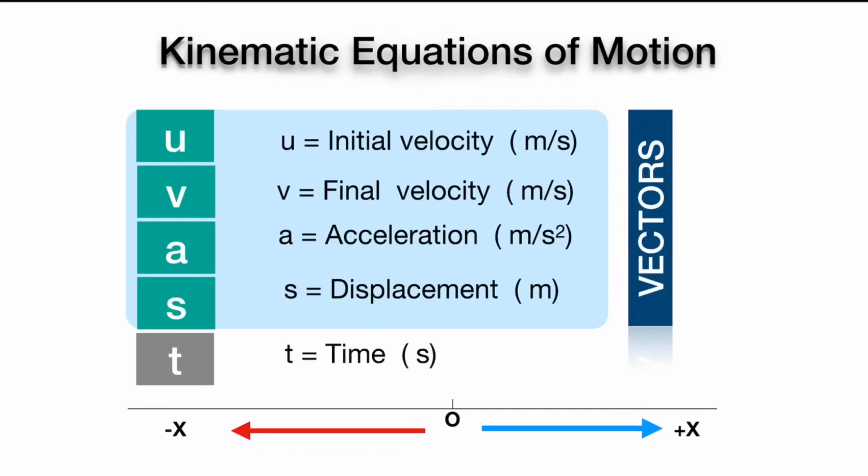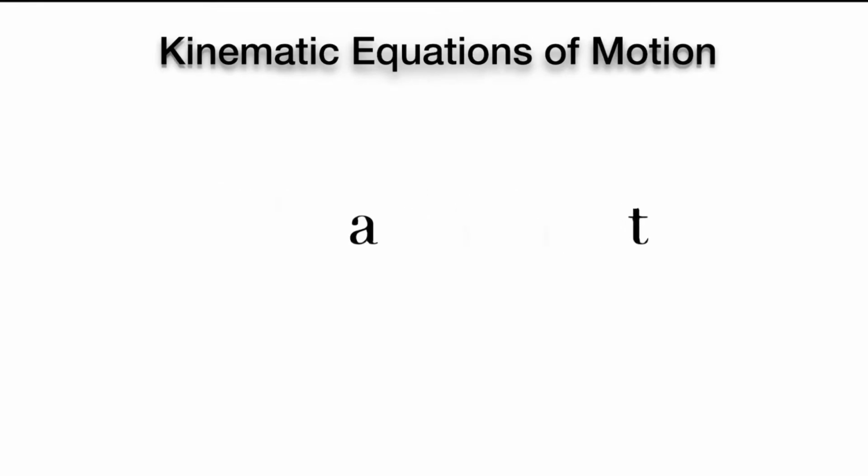Now, using these 5 variables in different combinations, we are going to present 5 motion equations for constant acceleration in one dimension. Here is equation number 1. The first equation is derived from the definition of acceleration. As per the definition, acceleration a is equal to the rate of change in velocity.